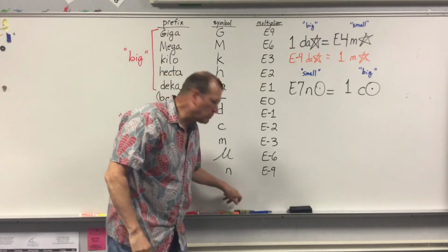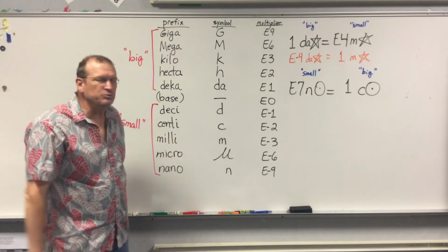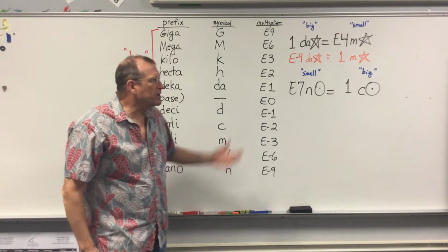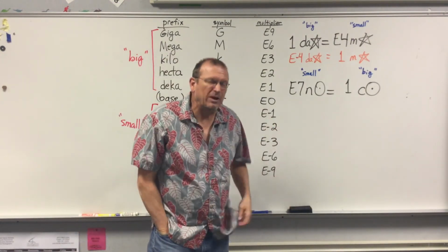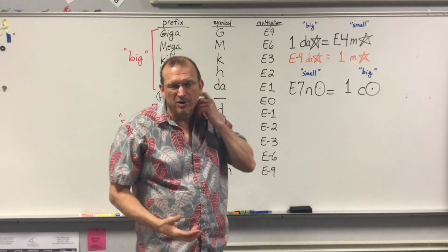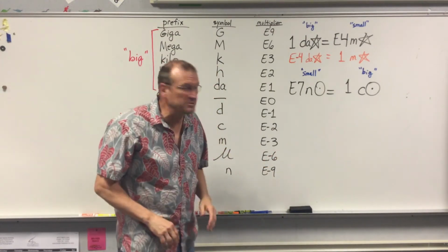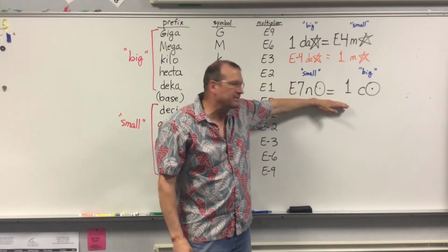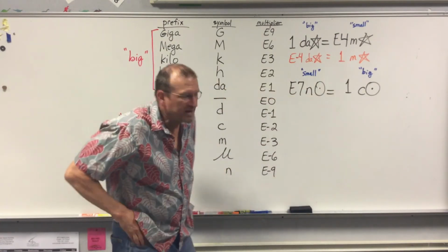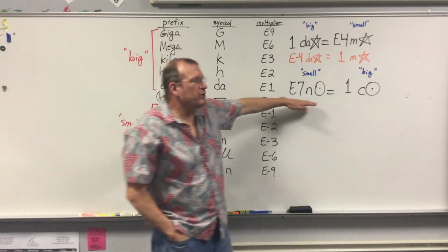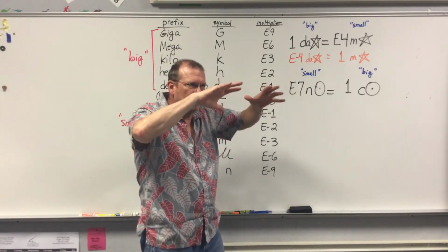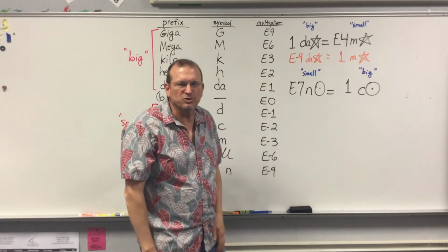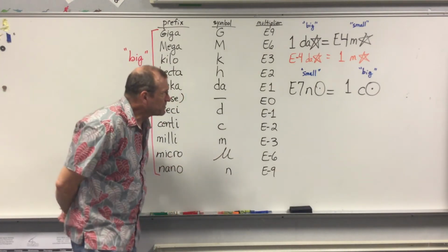Now, once you get the hang of this, this is a routine thing that you can create on the fly. We haven't talked about actually setting up unit conversion problems yet, but you're going to need to do this. I'm going to make you do it based on the types of problems that I'll be giving you, where you'll have to create this on the fly so that you can set up the structure to do the calculation to get the answer.